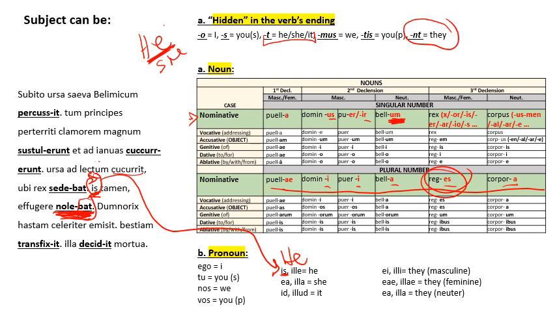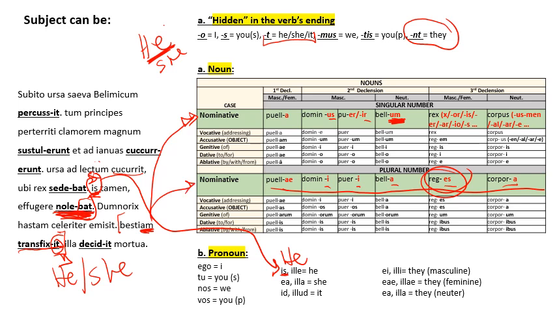Let's look at the verb transfixit. It ends in T. So I expect that the subject is going to be he or she. Let's go back to my sentence. The sentence starts here, bestiam transfixit. Now, I only have one noun there. Can that be a subject? Well, no, because I don't have any noun ending in am in the nominative, neither in the singular or the plural.